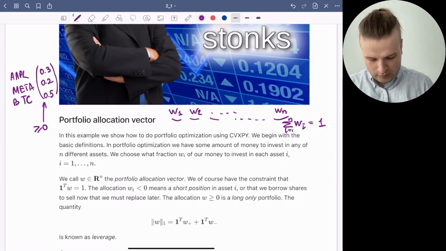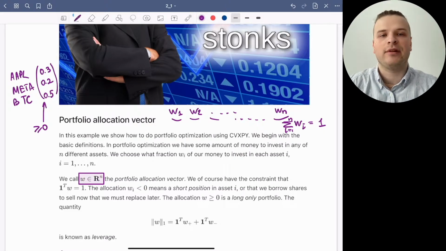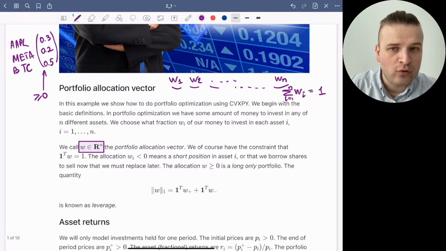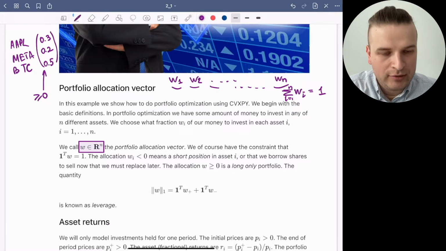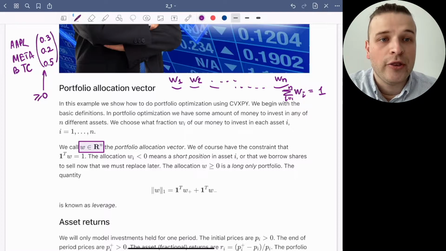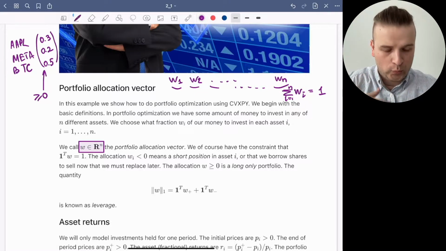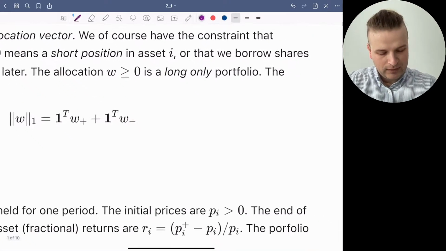So this vector will be from n-dimensional Euclidean space. And as I said before, it is easy to think about it as a vector of non-negative entries, but still there is a situation when the entry could be negative. We'll consider it right now.